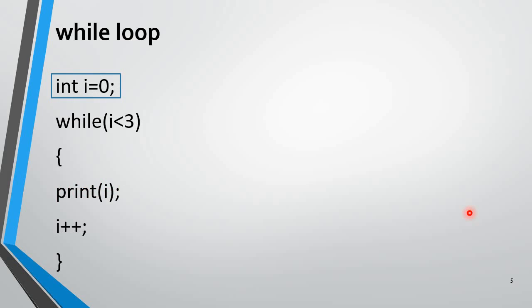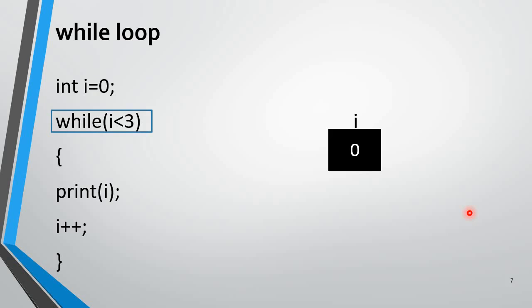Here the initialization is done to 0. See, an index variable is created and initialized to 0. After that, it is checked against the condition. While i is less than 3, the value of i is 0.